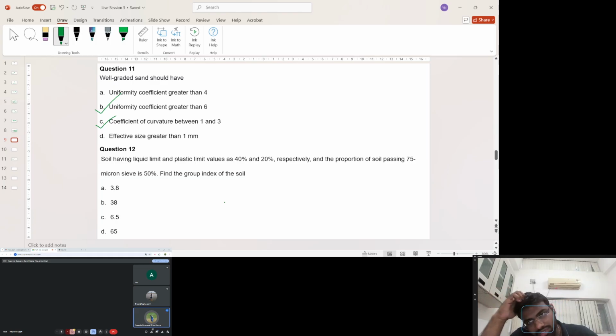Find the group index of the soil. So group index is ideally used in classifying geomaterials for pavement purposes. So I will just write the relation for group index.